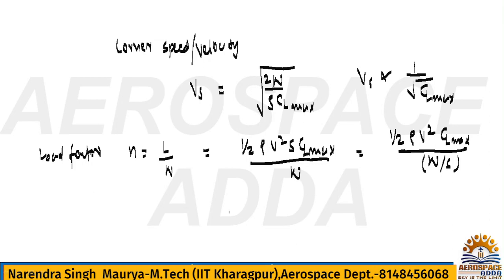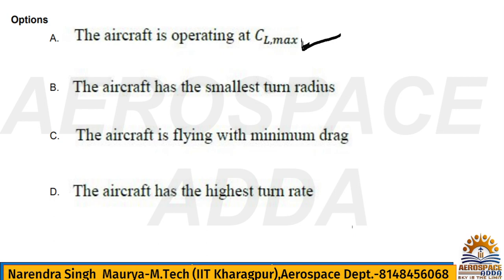So here you can understand N is directly proportional to CL max. The load factor is a function of CL max. Once the aircraft is operating at point Q, in another way the aircraft is operating with the maximum lift coefficient. So obviously the load factor is also a function of the maximum lift coefficient. So that will define the turn radius and turn rate. Minimum drag we'll see afterwards.